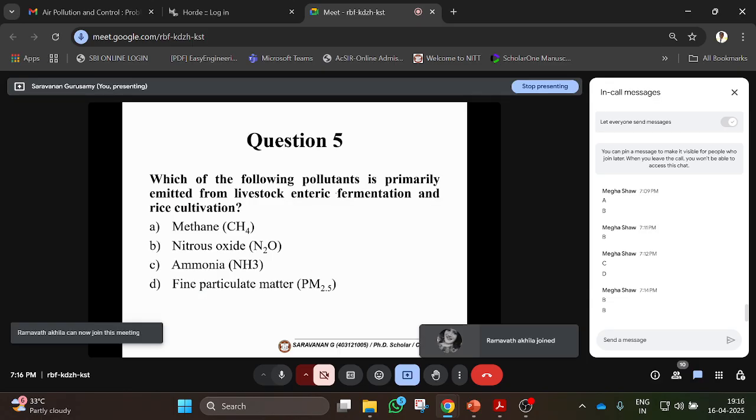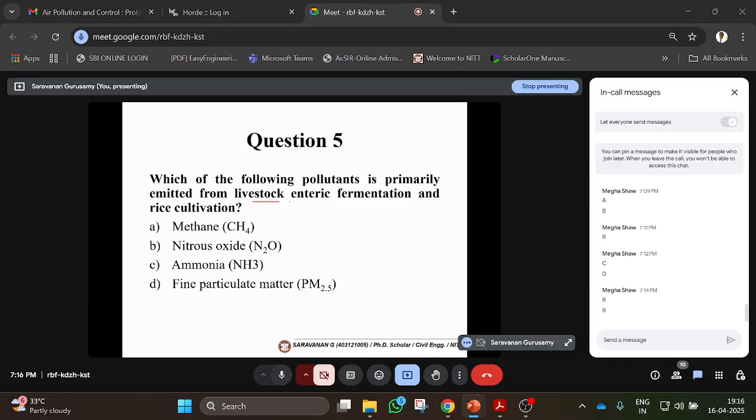Fifth one will be, which of the following pollutants is primarily emitted from livestock enteric fermentation? All know livestock are cattle. So cattle like cow may have a rumen with 4 compartments. So the food will be digested here and stored and digested here like an anaerobic digester, and it will emit CH4, because any fermentation or anaerobic digestion will produce CH4.